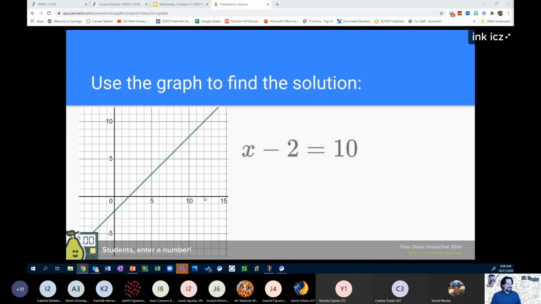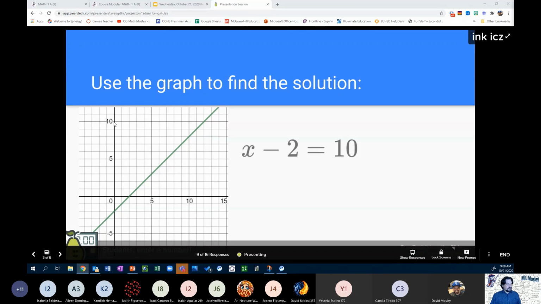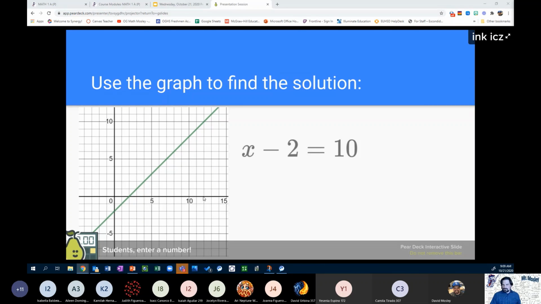So again, find 10 on the y-axis, trace over to the right until you hit the line, down until you hit the x-axis. Whatever value is right there on the x-axis from where you trace down should be the value of x that makes the equation true. Okay.